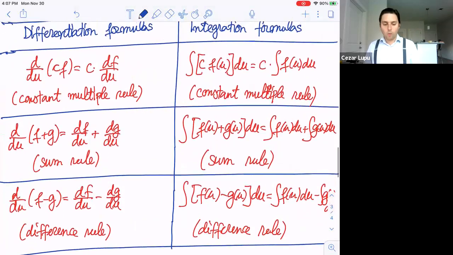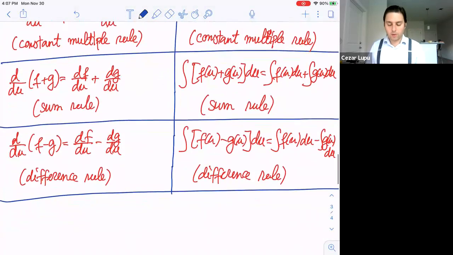Okay, and now one more thing. Also, we can put together the first one and the second one and the third one, and we can have the linearity rule.